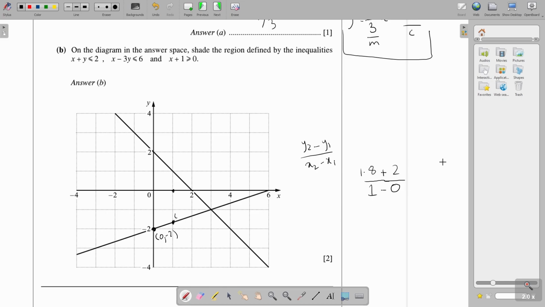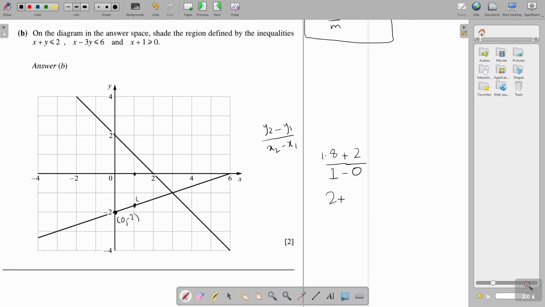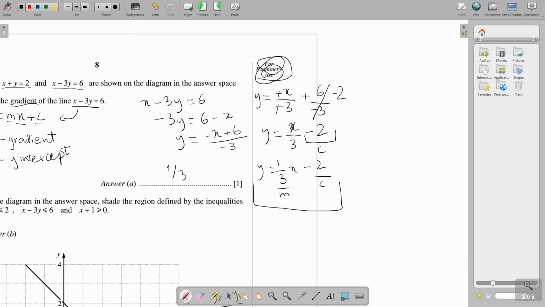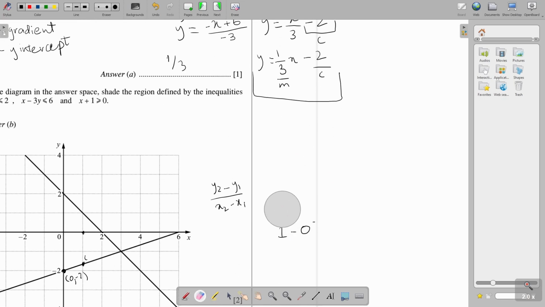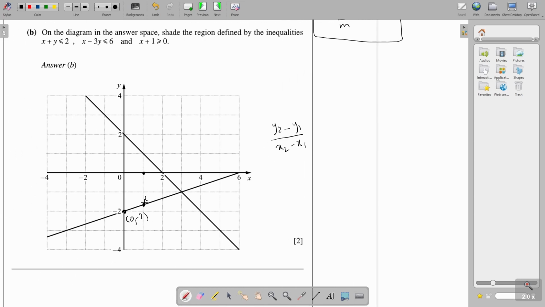Or we could just take it as a 2, but yeah, 1.8, and that'll give us the gradient of like 2.8 over 1, which would be 2.8. That's not that. I've done something weird. Let's figure out what I've done wrong. Okay, why is the gradient different here?